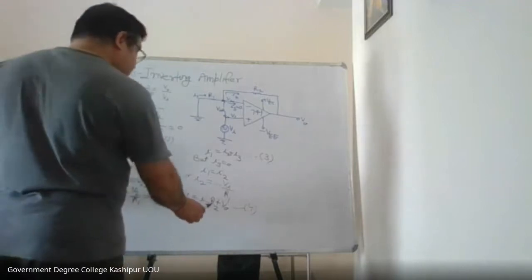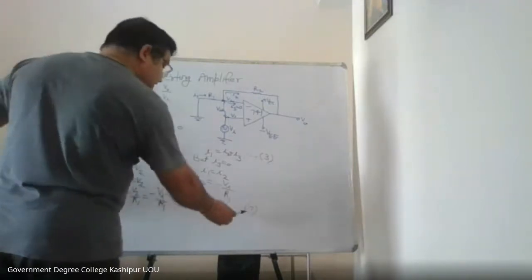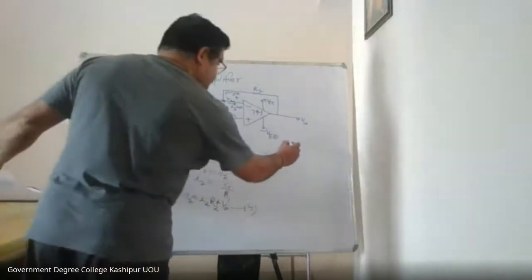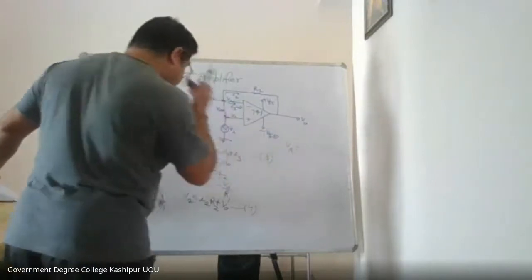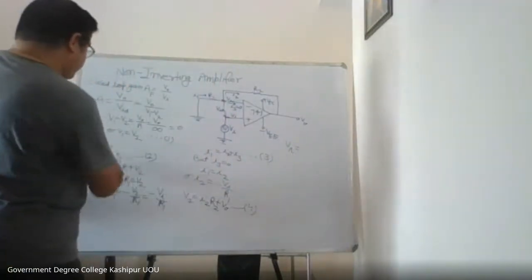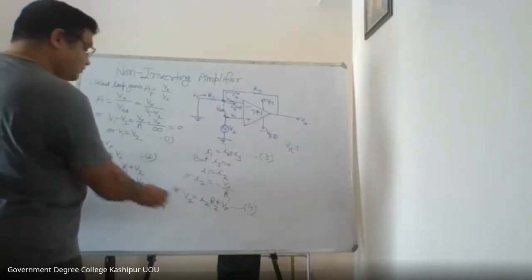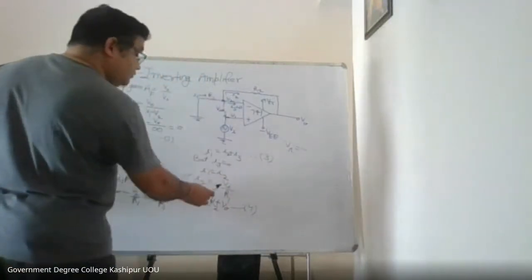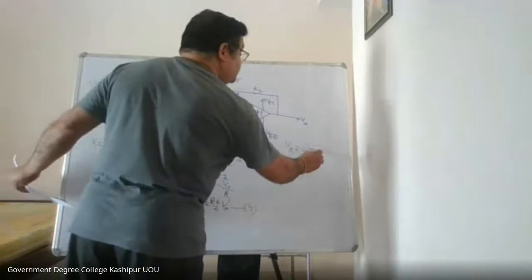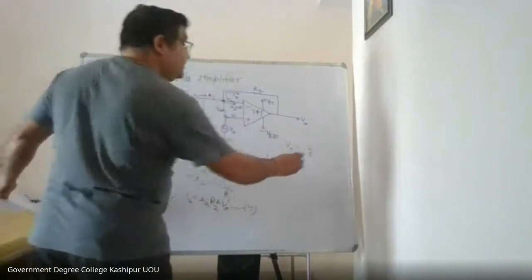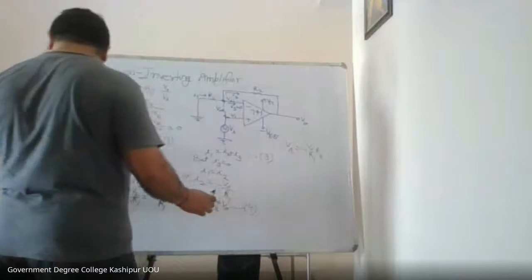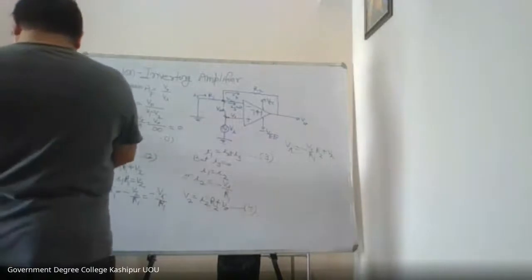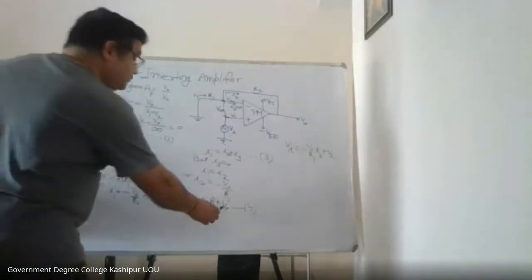Now putting for V2 and I2 in equation 4, we get Vi equal to Vi. V2 equal to Vi. We have put Vi in place of V2 here. Equal to minus, and I2 equal to minus Vi upon R1, so minus Vi upon R1 into R2, plus VO.